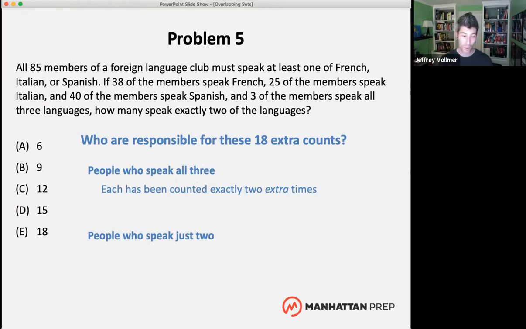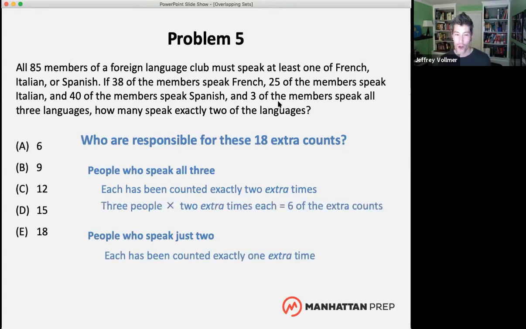You 3 people make up 6 of my extra counts. And I still have 12 extra counts, because I know I've made 18 extra counts, right? So the 3 people who speak all the languages, I've counted 2 extra times each. And that is why I'm doubling it here.